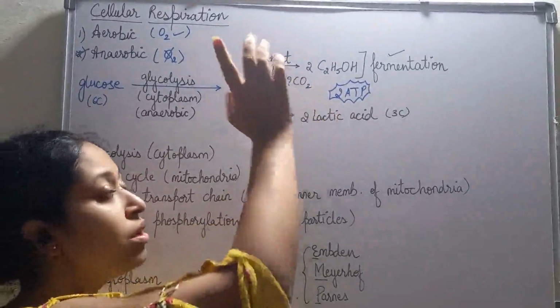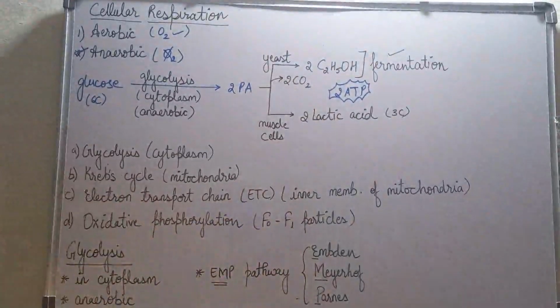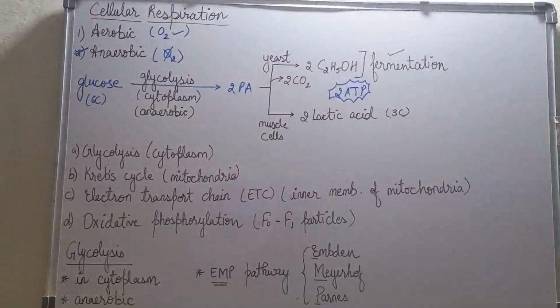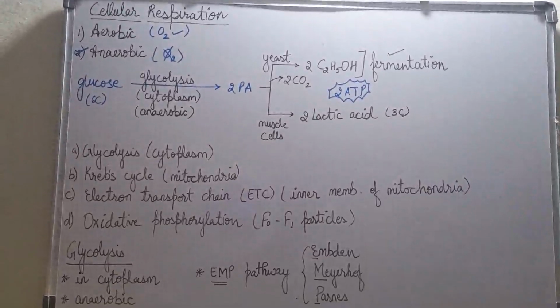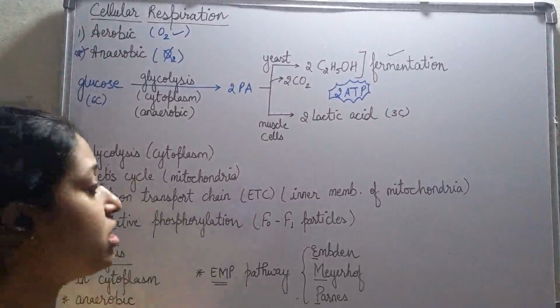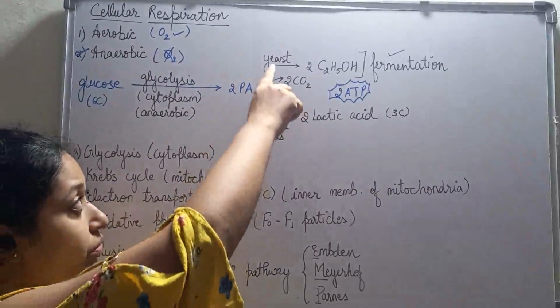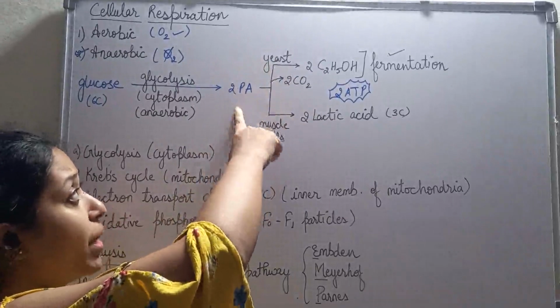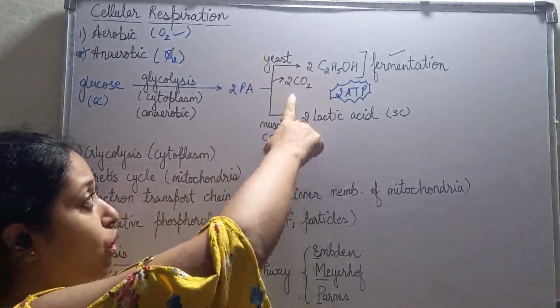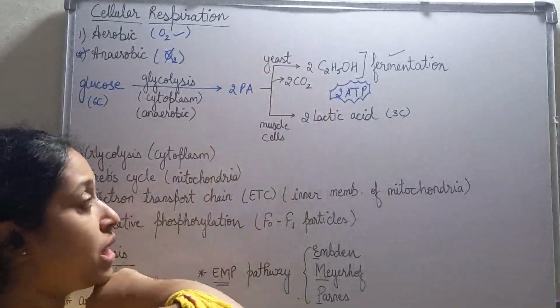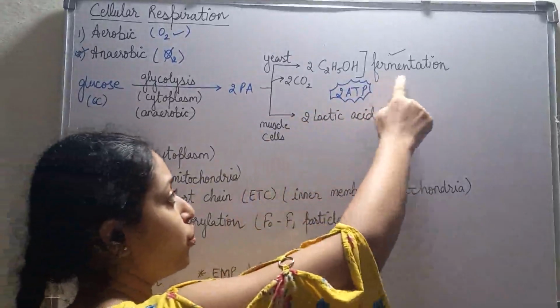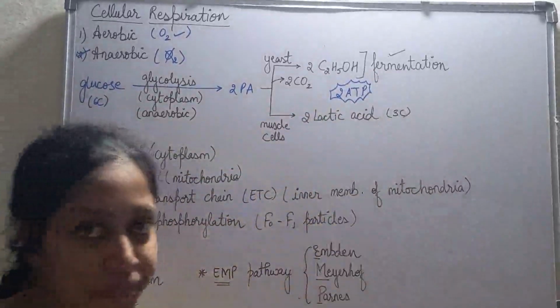So 2 plus 1, 3. So this is what happens when pyruvic acid breaks down in the yeast cell. In presence of yeast, pyruvic acid converts into ethanol with the release of carbon dioxide, and this process is known as fermentation.